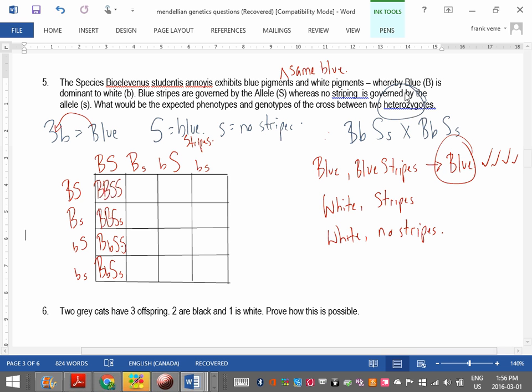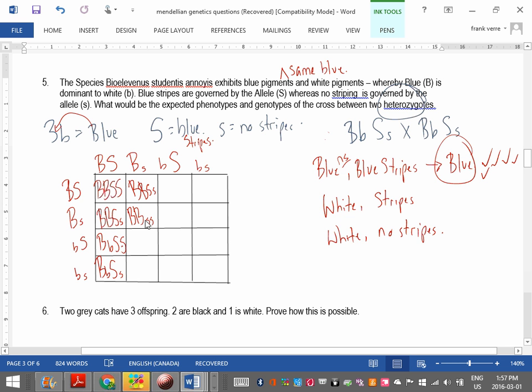The blue with stripes and blue with no stripes. Exactly, that's what this is. So this is blue with no stripes. Blue with stripes looks the same. So what would this be? So that's 5. What about this one?